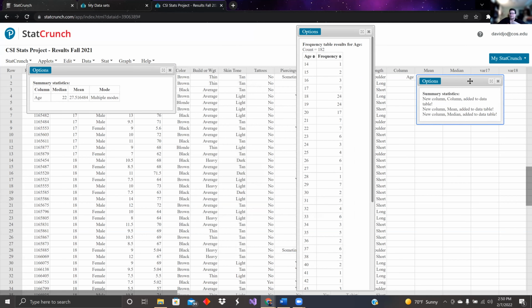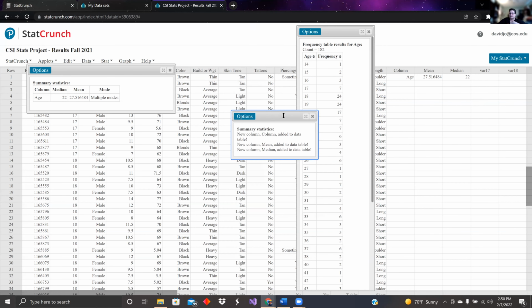It says new column added to the data table, and it added it right here. It said what we're talking about is the age, the mean, it says above it at the top, mean 27.5, median is 22. This can be handy if you're trying to get a bunch of stuff stored in a table. So just a good thing to know.